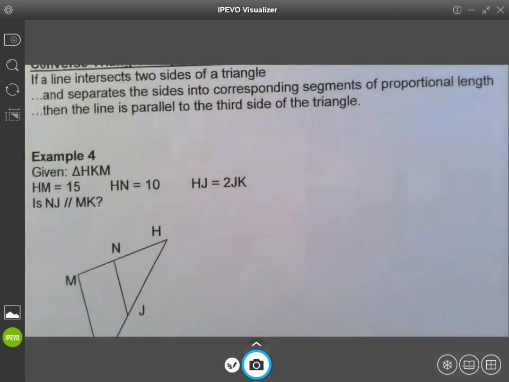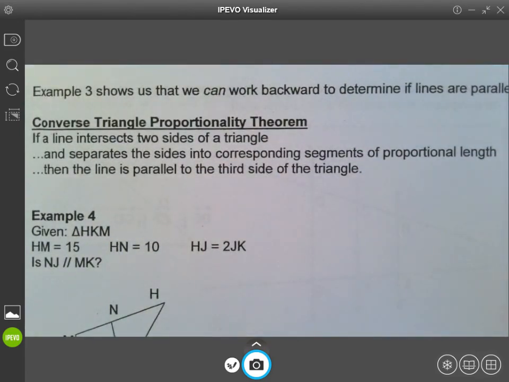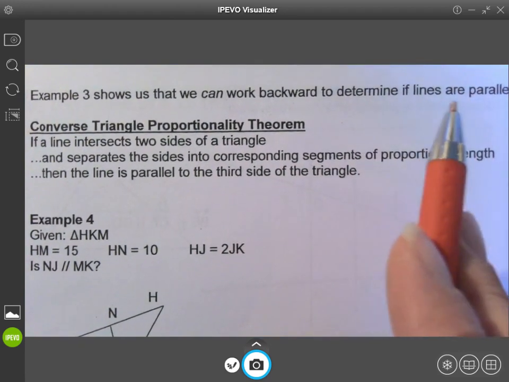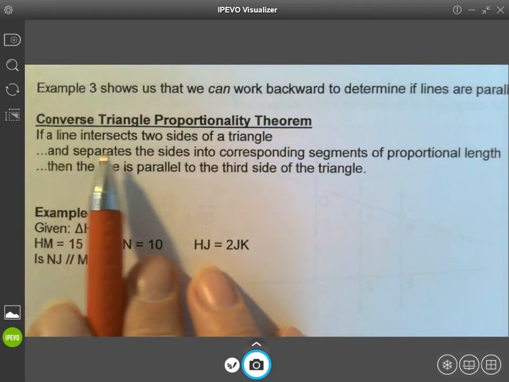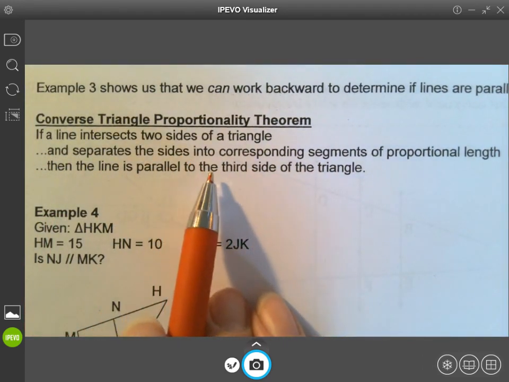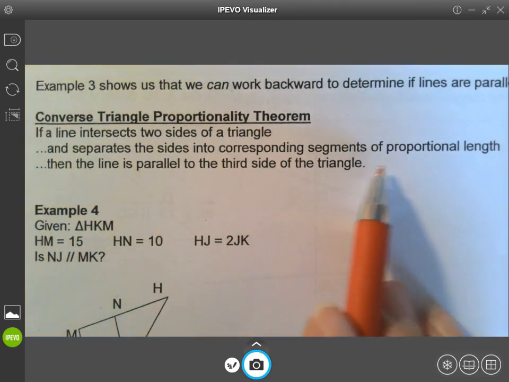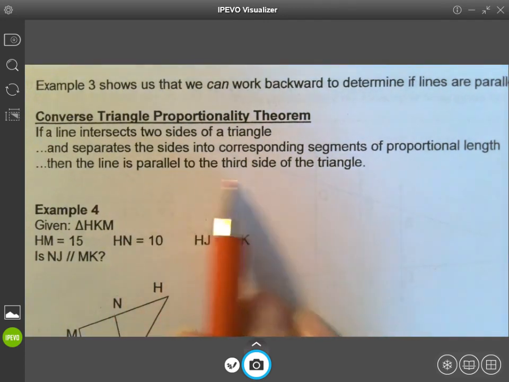So now the converse, I like to think about as like the flip side. We can go backwards to determine if the lines are parallel. That's what we're talking about now. If a line intersects two sides of a triangle and it separates the sides into corresponding segments of proportional length, then the line is parallel.